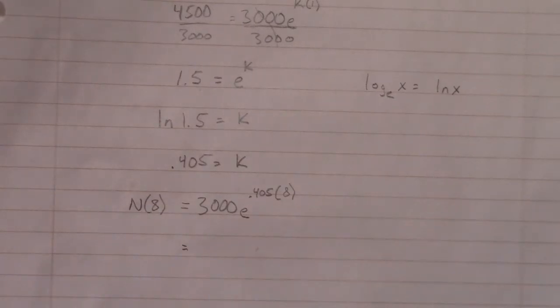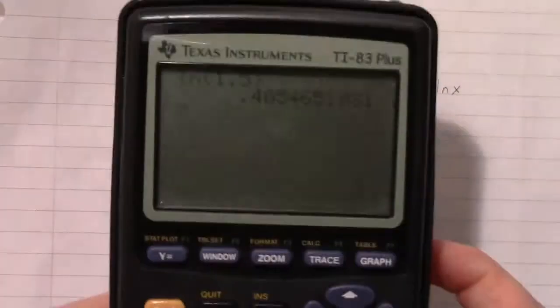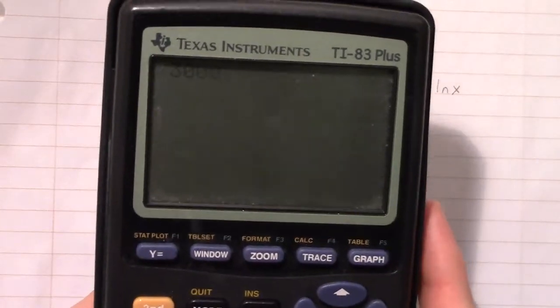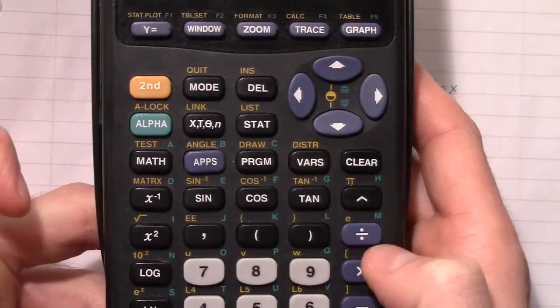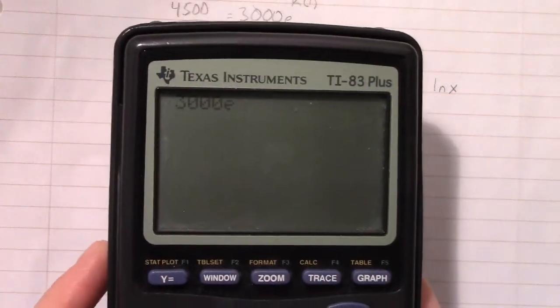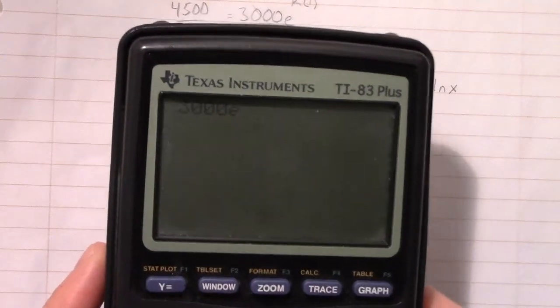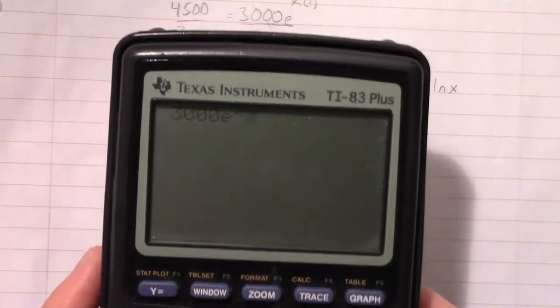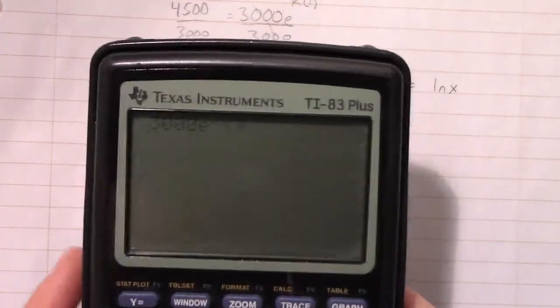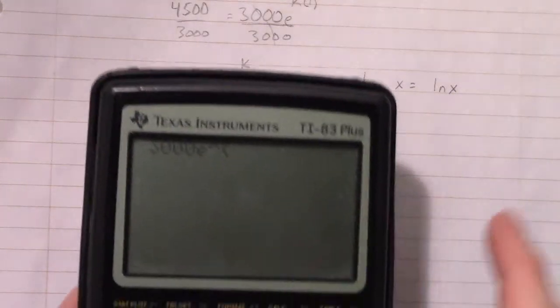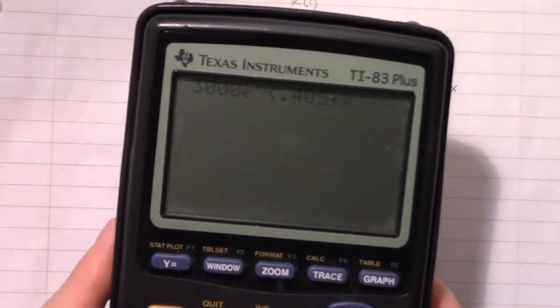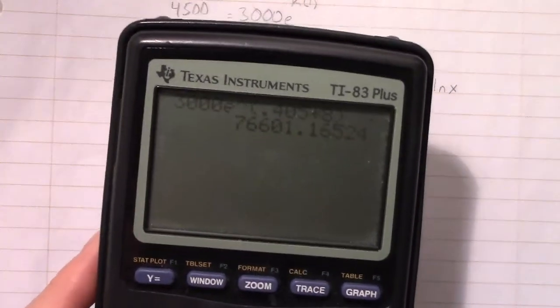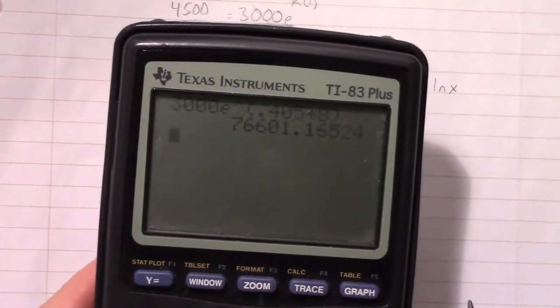If I plug all that in the calculator, I've got to take 3,000 times e, and e is actually just right above the division symbol. So I'm going to hit second, and then the division symbol, and that pops up there. And then I need to the power of, and since I'm raising it to a power, I need to put the whole exponent in parentheses in this old calculator here. 0.405 times 8, and I get 76,601.16.